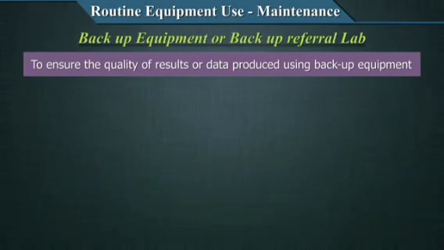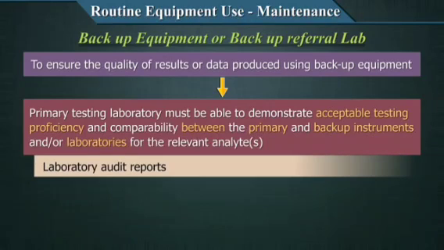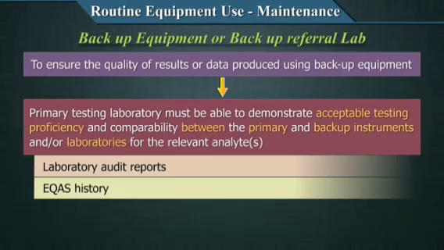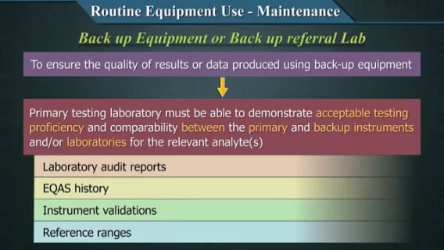To ensure the quality of the result or data produced using the backup equipment, the primary laboratory must be able to demonstrate acceptable testing proficiency and comparability between the primary and the backup equipment or the backup laboratories for such relevant analytes using tools such as laboratory audit reports, EQAS history, instrument validation, reference ranges, etc.